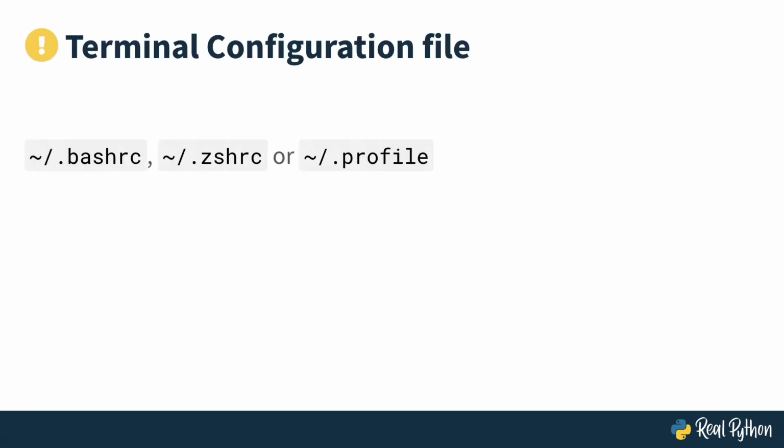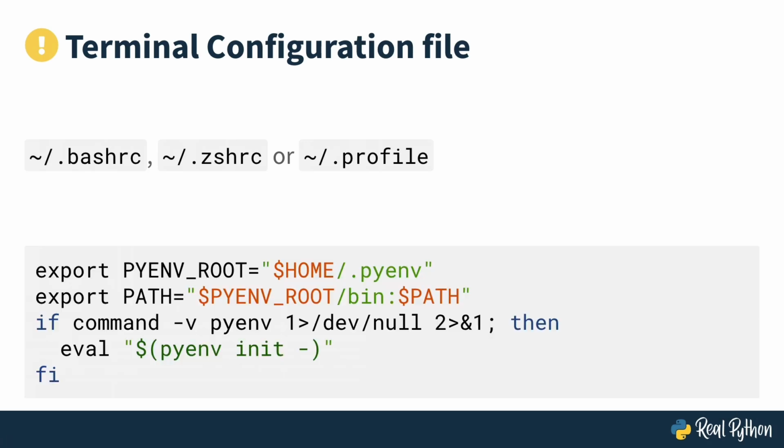Before we continue, you should check your terminal configuration file, which is, depending on the shell you're using, .bashrc, .zshrc, or .profile. It should contain something like the following, which sets the path to pyenv and initializes pyenv when you start the terminal.